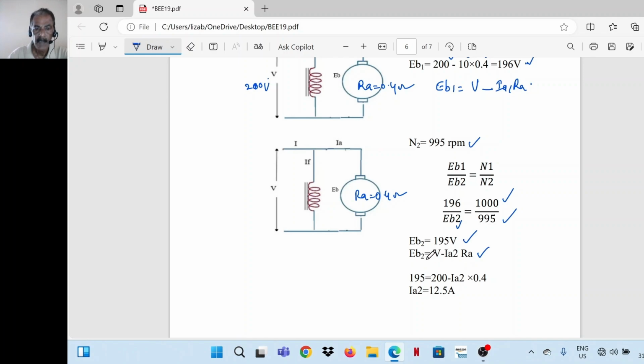Now substitute EB is equal to V minus Ia2 into Ra. EB2 195 is equal to 200 minus Ia2 into 0.4. Ia2 we get as 12.5 ampere. So when the motor is loaded, armature current increases to 12.5 ampere and speed reduces to 995 rpm.